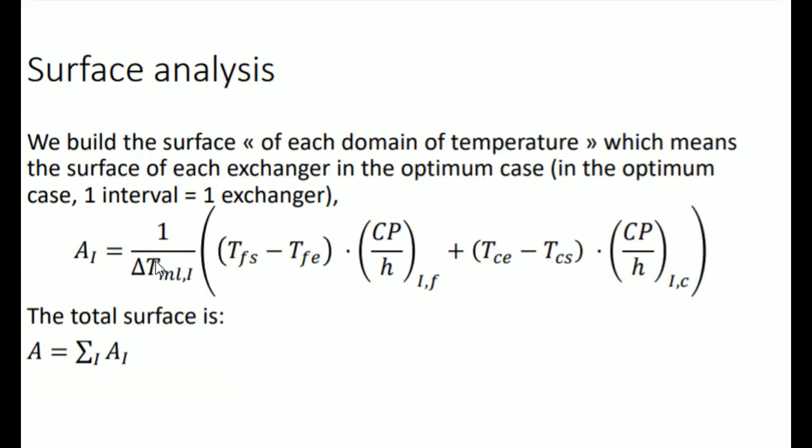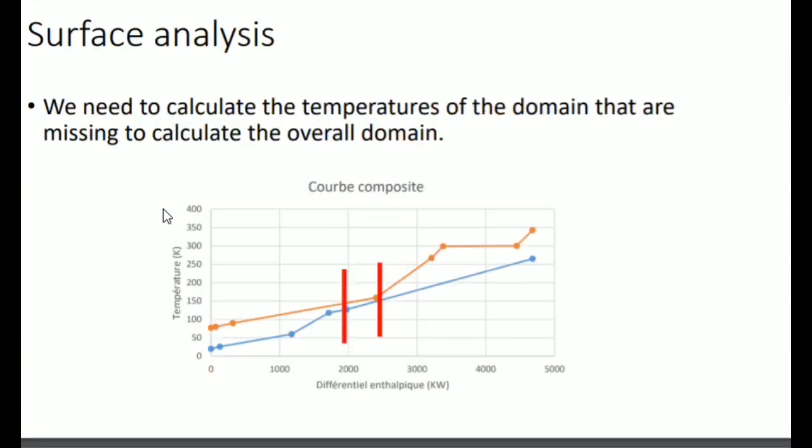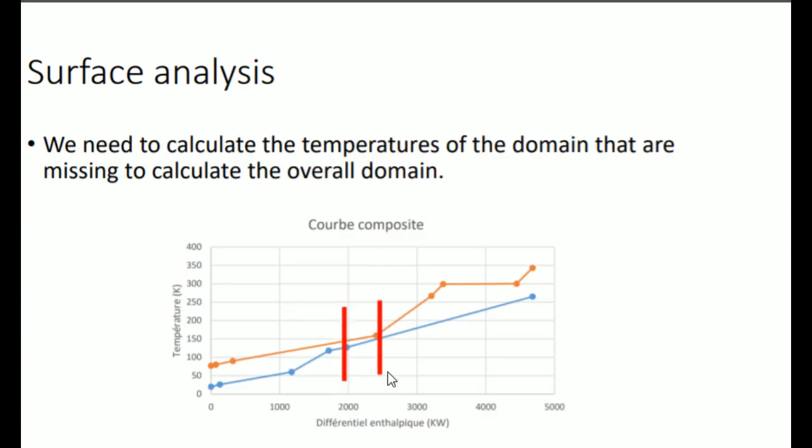So now we get a value that is called the minimum surface of our whole network, because we have a network of n intervals of enthalpy, and then the minimum will just assume that we have for each interval of enthalpy one exchanger.